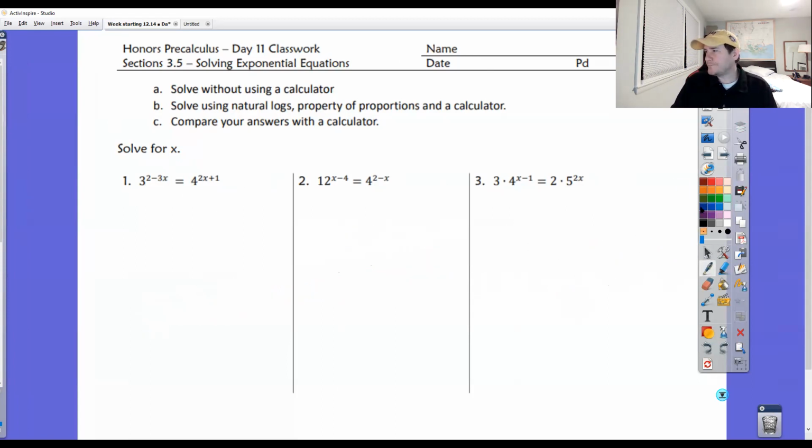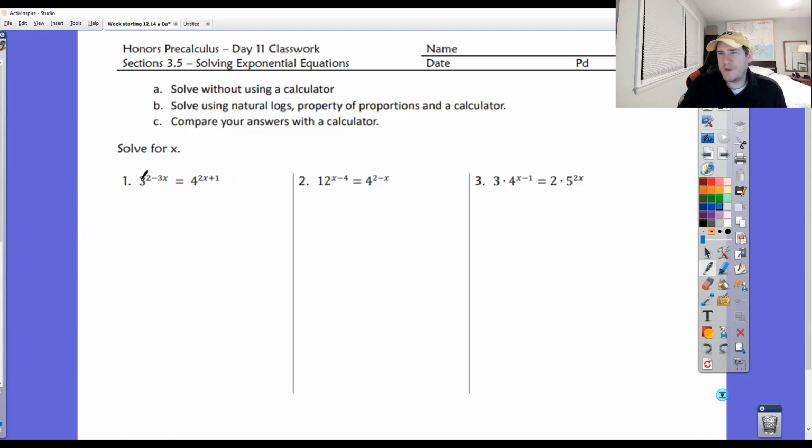So how do you do this? One way to do this, since they're exponentials, is to go ahead and use logs. Now, you've got a base 3 and a base 4, so there's no way to express these with a common base, but that's sort of fine. We could still take the log of both sides.